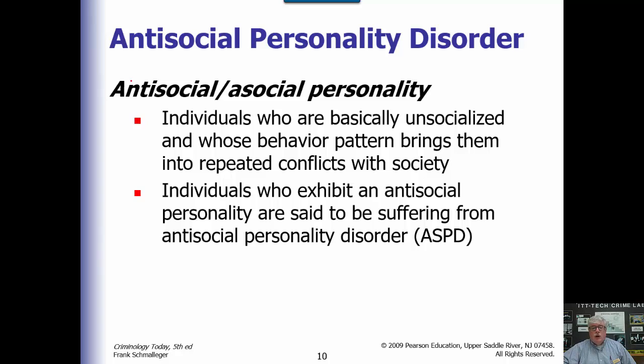Antisocial personality, suffering from antisocial personality disorder. But again, according to the American Psychiatric Association and I believe the Psychological Association does the DSM, the Diagnostic and Statistical Manual. The current diagnosis of someone who is a sociopath or psychopath is antisocial personality disorder.